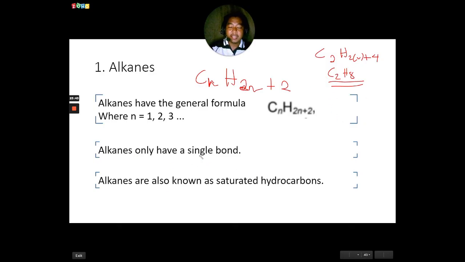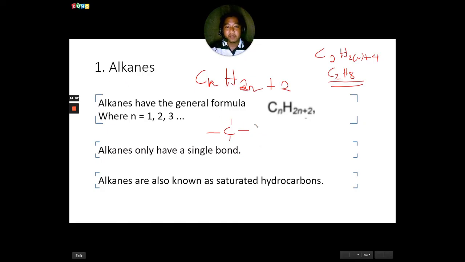Also, alkanes only have a single bond. So, they only have one line that connects them. And then, these are called saturated hydrocarbons. Why is that? Because, as I've said earlier, a carbon can share 4 electrons, 4 valence electrons. So, meaning 4 other elements, be it carbon, halogens, etc., or hydrogen.